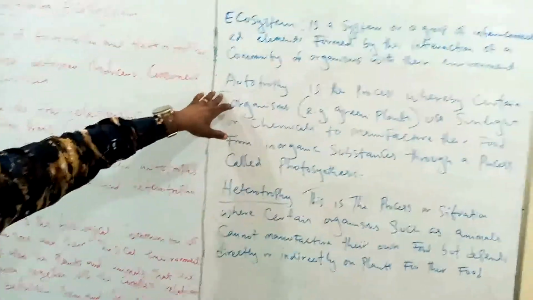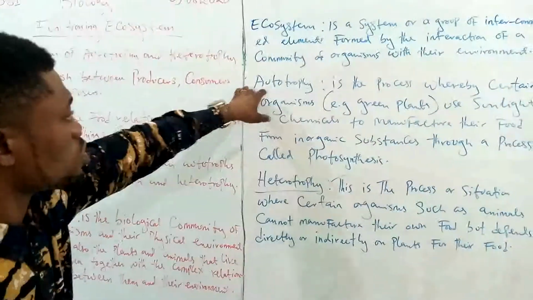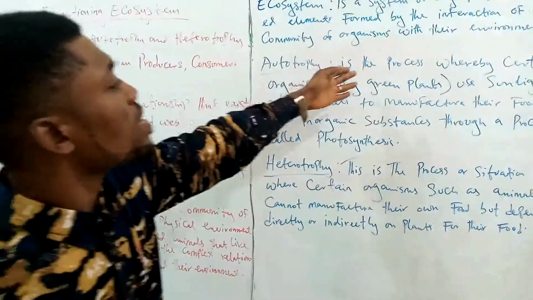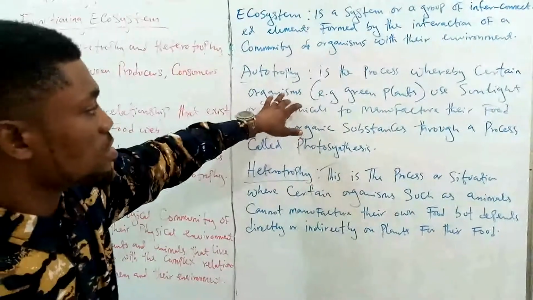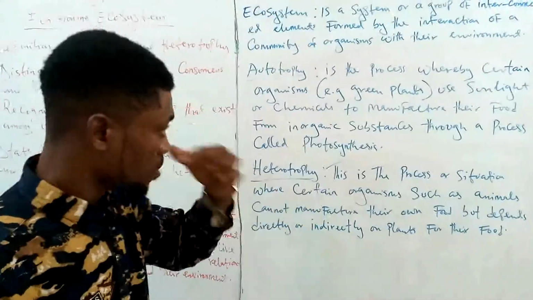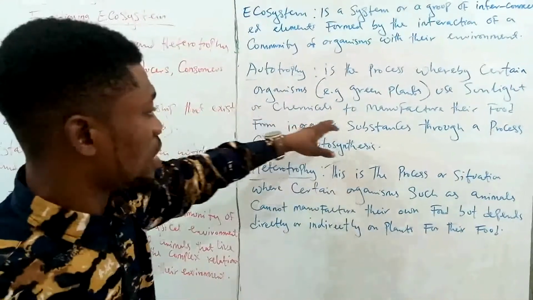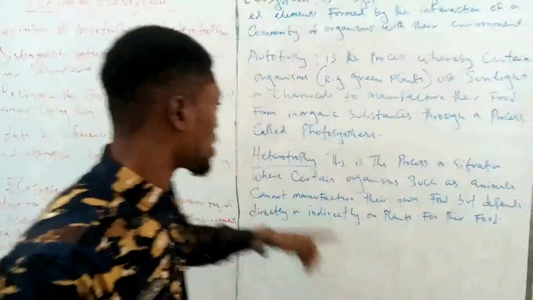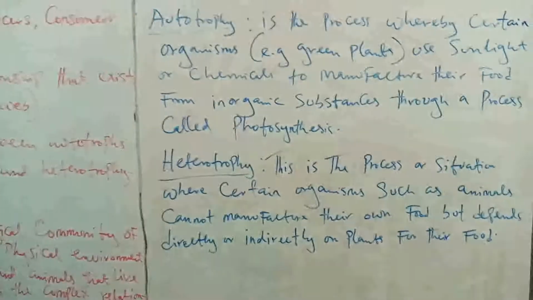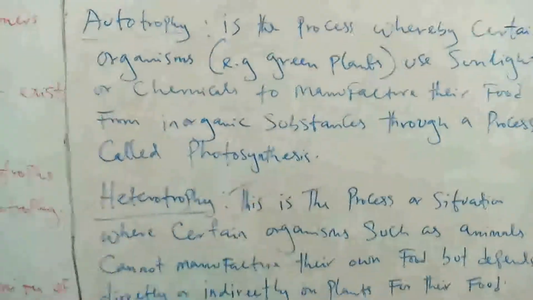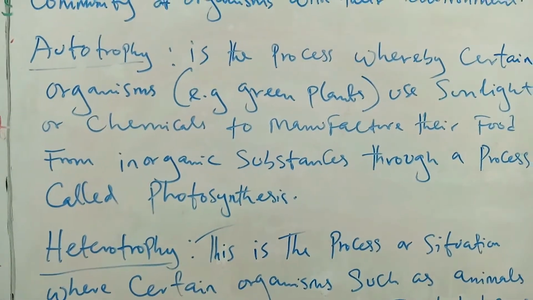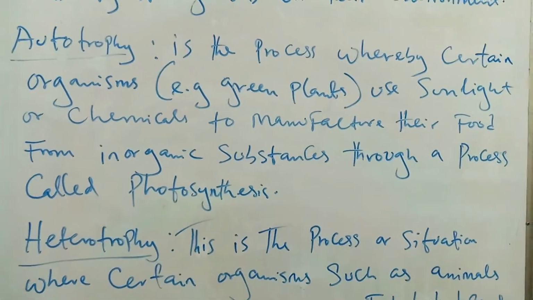Okay, so now let's move over to the autotrophs. Autotrophy. That's the first one we'll be considering. Autotrophy is the process whereby certain organisms, for example green plants, use sunlight or chemicals to manufacture their food from organic substances through a process called photosynthesis. So autotrophy is a process. In due course, we're going to look at the differences between autotrophy and autotrophs. Autotrophy is the process, while autotroph is referring to the organisms.